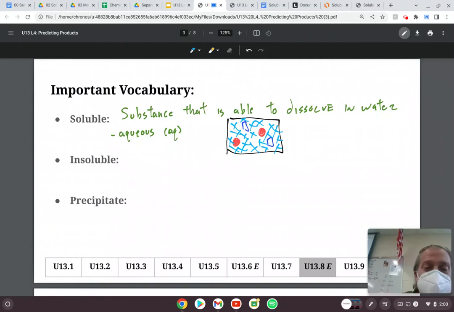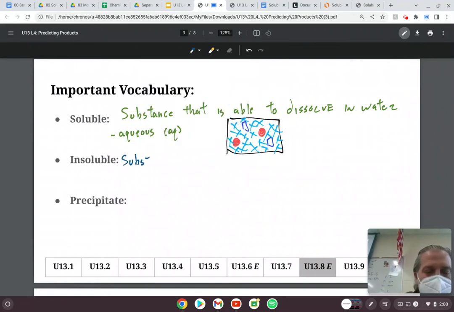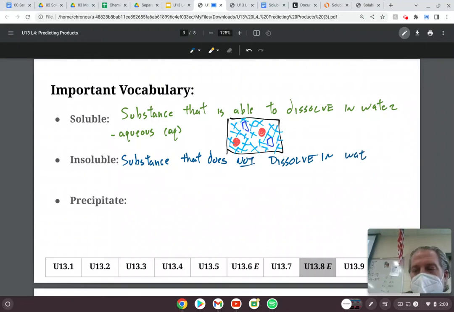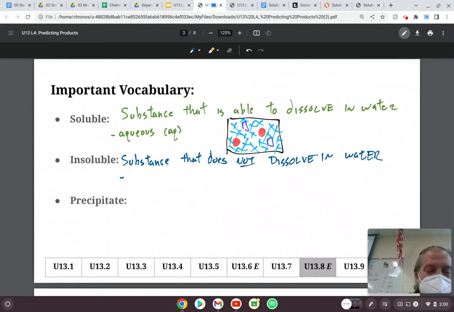If something is considered to be insoluble, it's a substance that does not dissolve in water. And in chemistry, something that doesn't dissolve in water, we will oftentimes refer to as just being a solid.